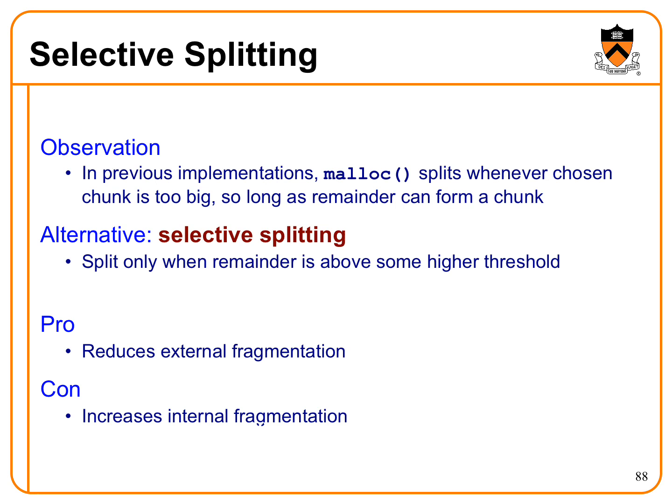Another observation is that in previous implementations, malloc splits whenever the chunk is too big, even if it leaves some piddly little chunk in the end. We could do selective splitting. That is, rather than just saying, can this form a valid chunk, we could say, can this form a useful chunk?